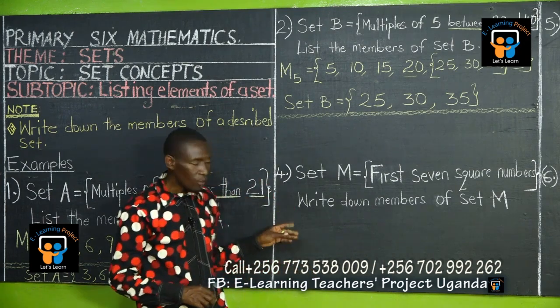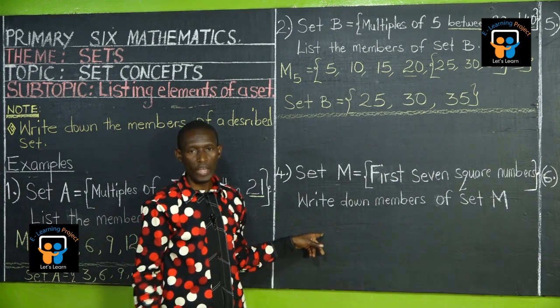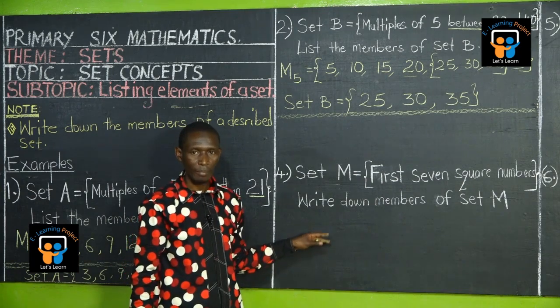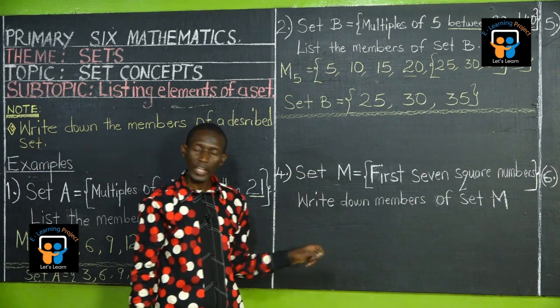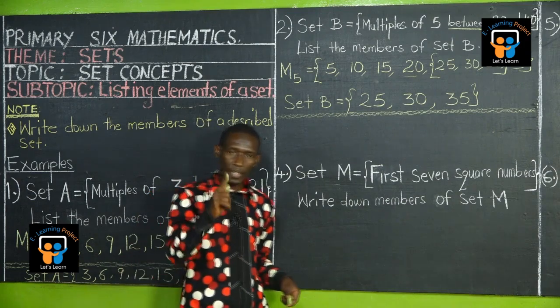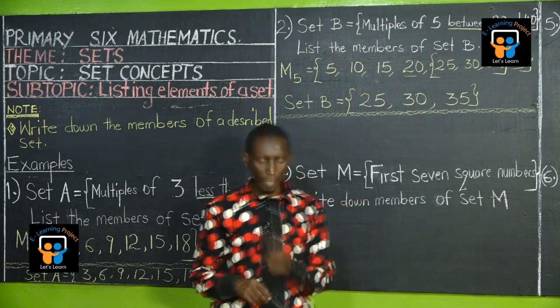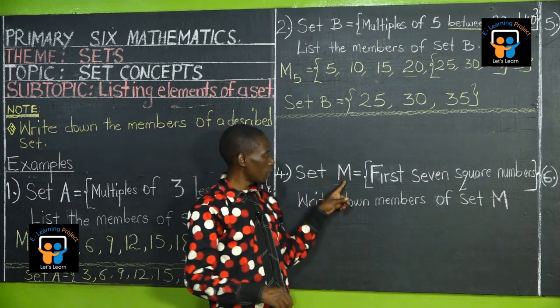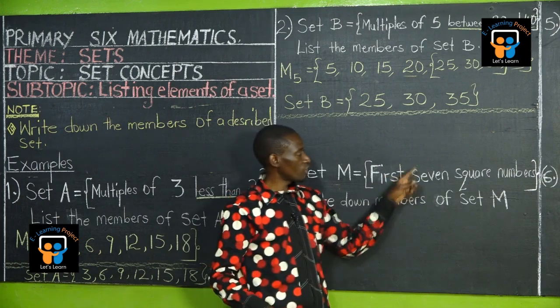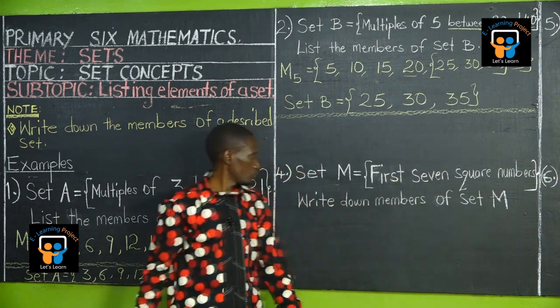Then write those counting numbers in their order, number after a number. Then we start squaring them. If you square them, the answer you will get will be a square number. Now, set M is first 7 square numbers.